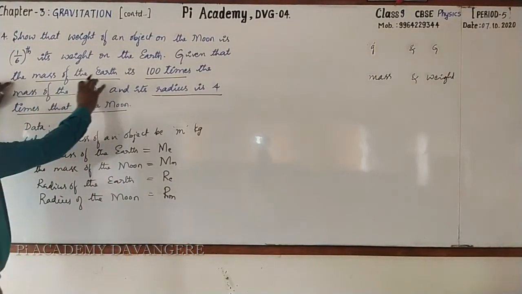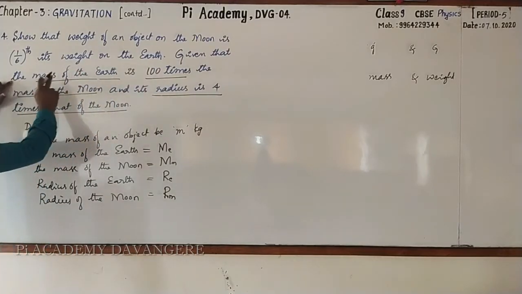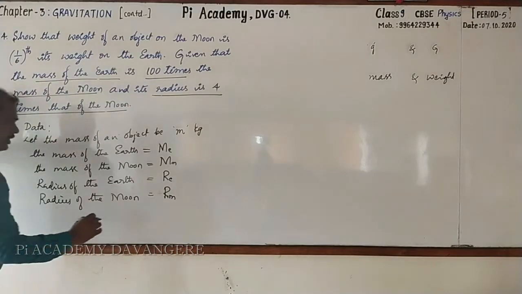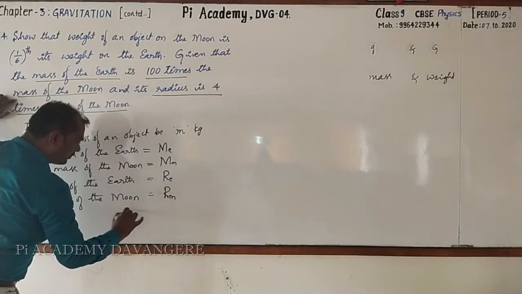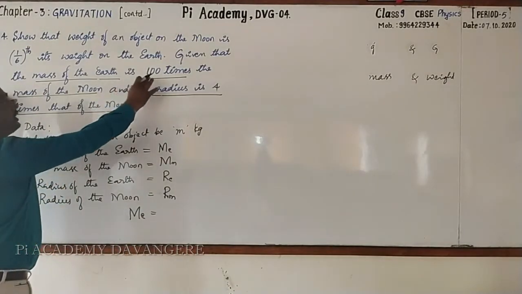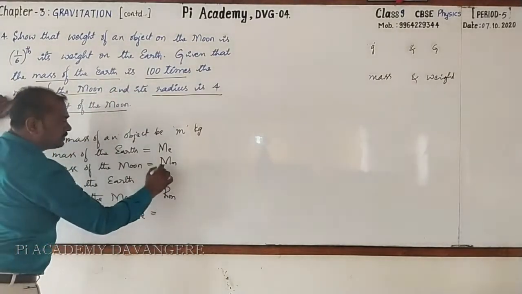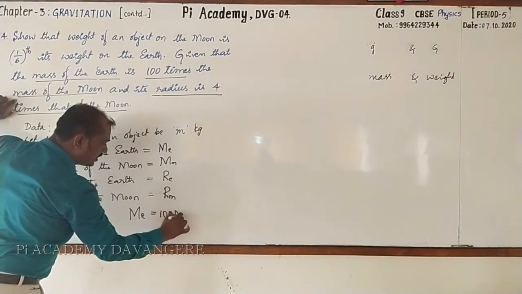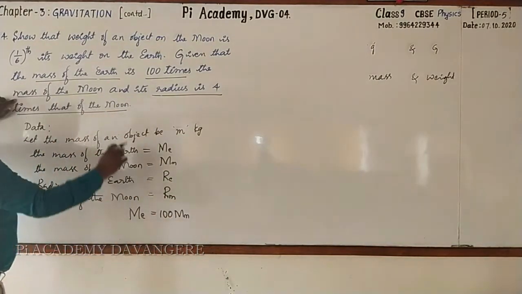Next, let us go through the statement. It is given that the mass of the earth is 100 times the mass of the moon. Mass of the earth, how do you represent it? Very good. It is ME. It is 100 times the mass of the moon. What is the mass of the moon? It is MM. 100 times the mass of the moon. Next.